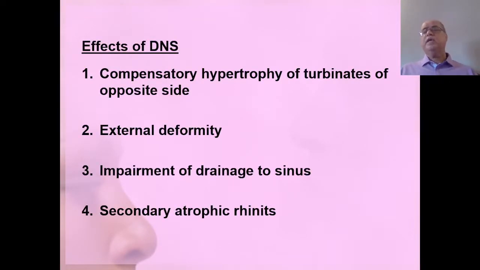So in case of C-shaped deformity, there will be nasal obstruction on the convex side. On the concave side, there can be obstruction because of the hypertrophied inferior turbinate, and this is called compensatory hypertrophy of the inferior turbinates.